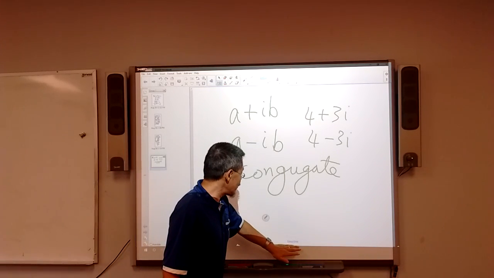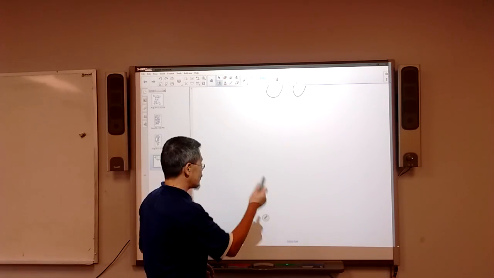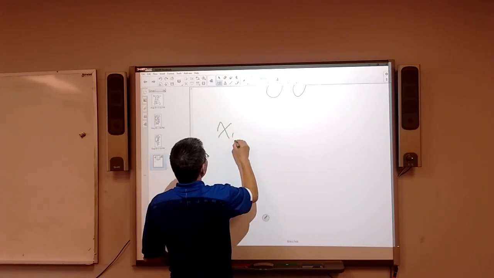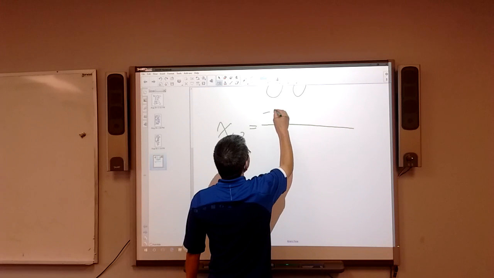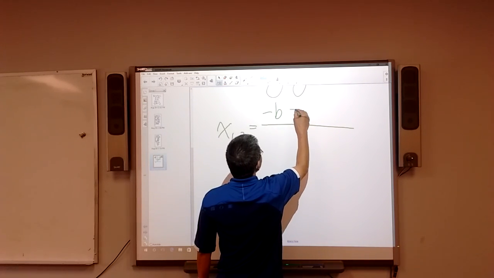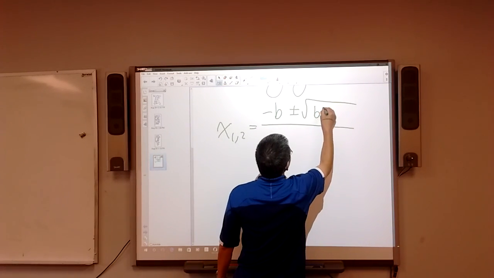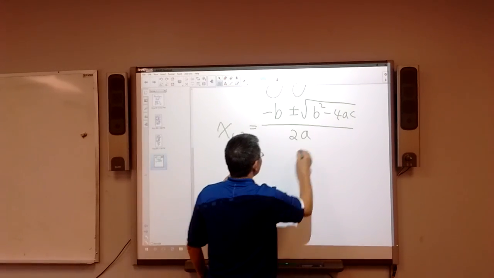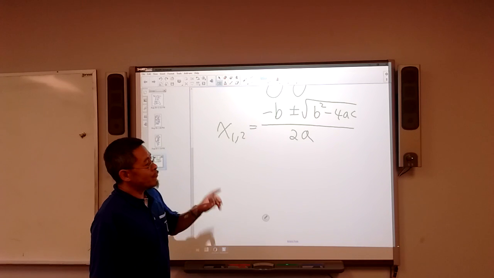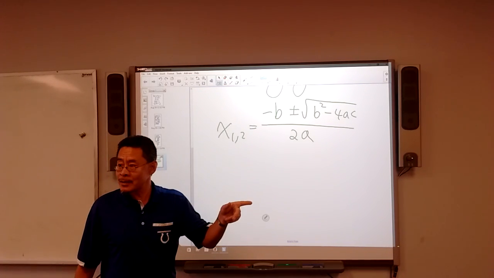And if you look at the zeros from the quadratic formula, negative b plus or minus the square root of b squared minus 4ac, over 2a, we got two complex zeros.